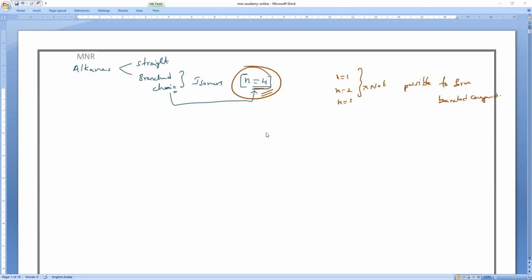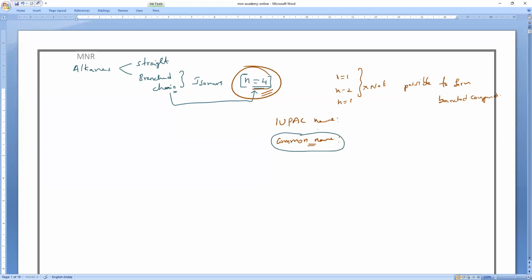Yesterday we did the naming of alkanes. There are two names you have to learn: one is the IUPAC name, and another is the common name of every compound. Any one name they will ask. Mostly they will ask you to draw the structure of a compound by giving the common name.